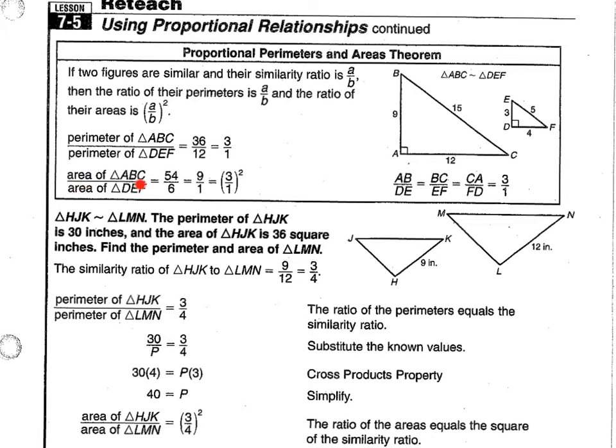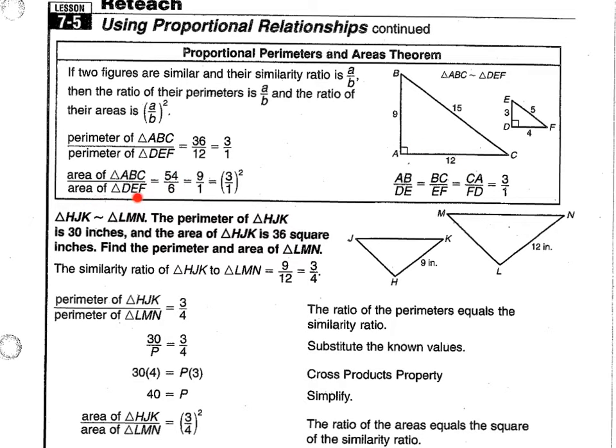Now the area of the triangle ABC is base times height, in this case this could be the base and this could be the height. 9 times 12 is 108, divided by 2 is 54.